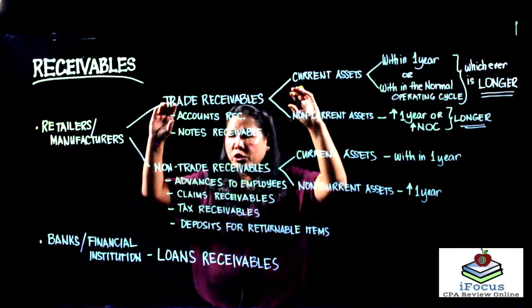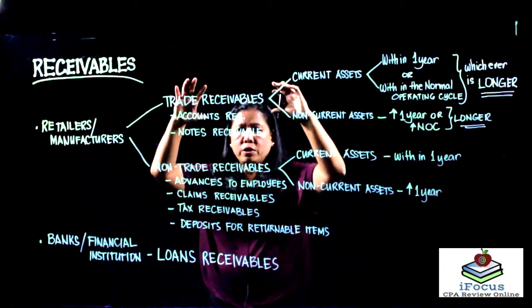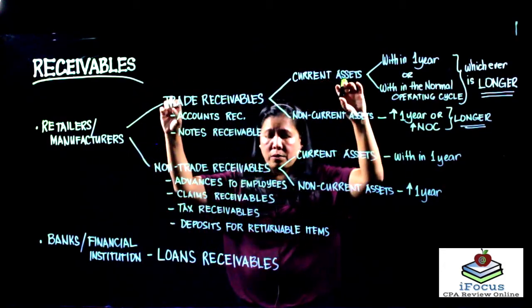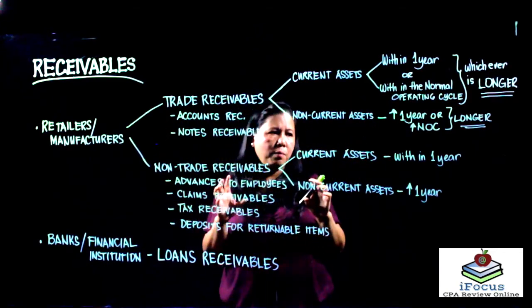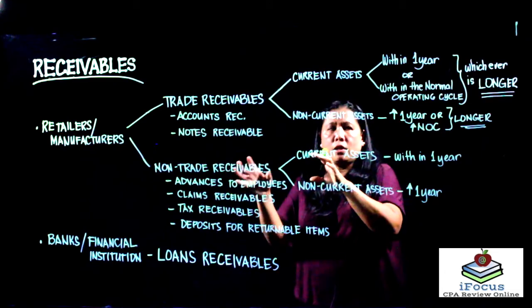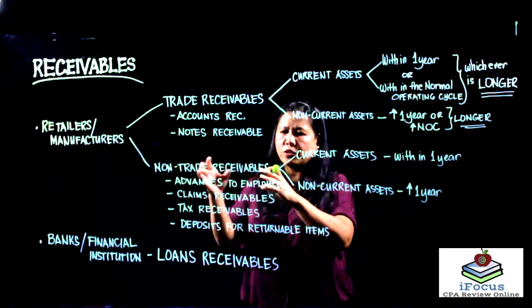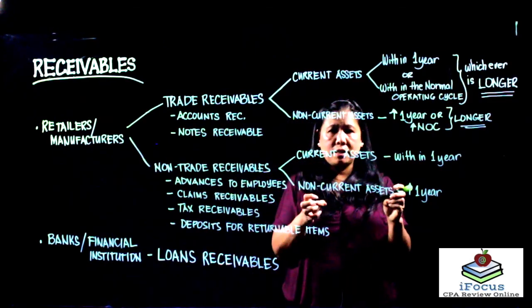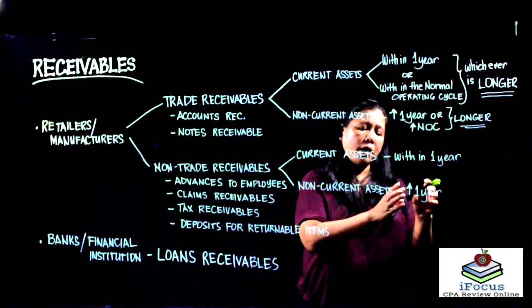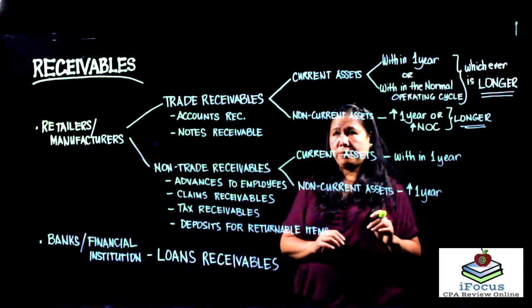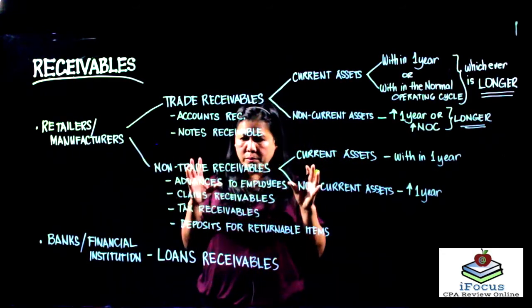A trade receivable is created from the ordinary course of business, from customers or other companies. For non-trade receivables, we ignore the operating cycles. We classify a non-trade receivable as a non-current asset if the collectibility of this receivable is beyond 1 year. And these are your trade receivables and non-trade receivables.